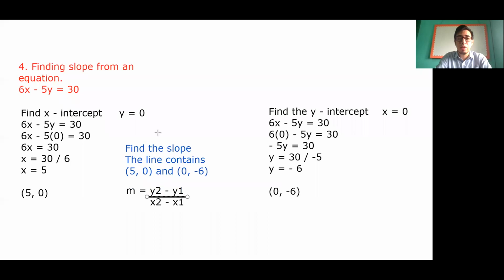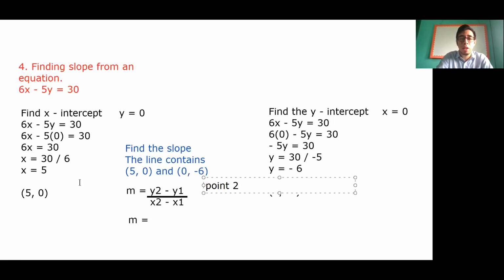And I need to replace the values. When I replace the values, I obtain that m is equal. The value for y, the first value is negative 6. This is the point 2.